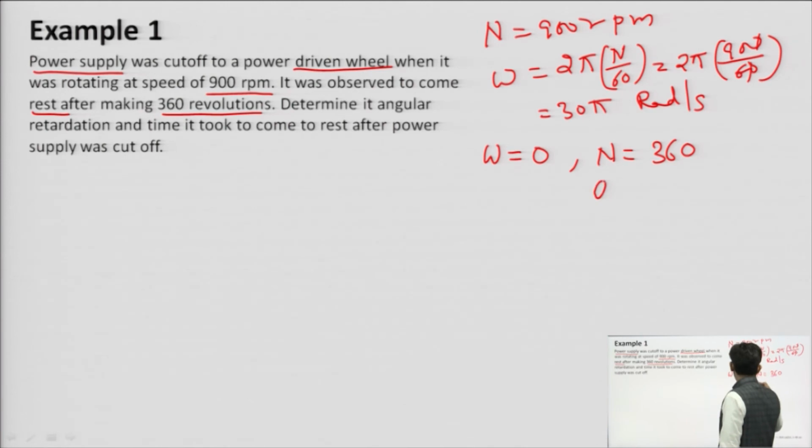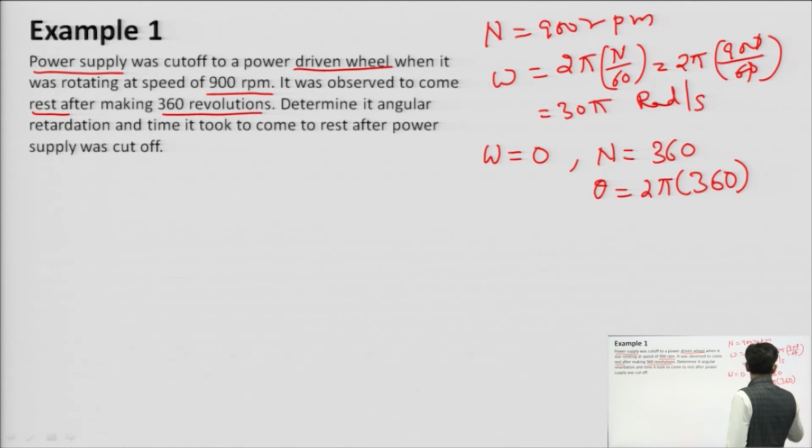So you can calculate the displacement. Displacement will be what? 2 pi times 360. So it is how much? It is 720 pi, okay.